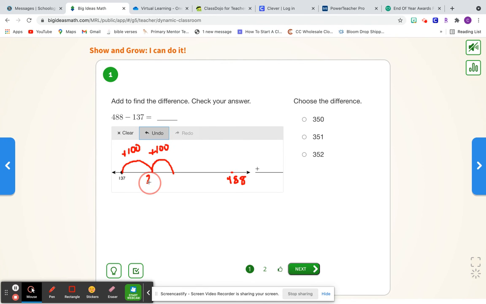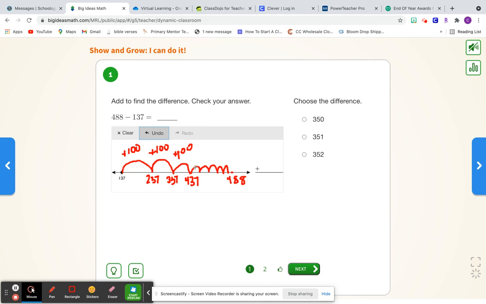So this is going to be 237, 337, plus another 100, 437. Now we can't go up another 100, so let's go up tens. So let's go 10 to would be 147, 157, 167, 177, 187.